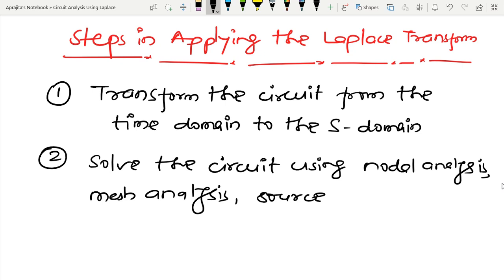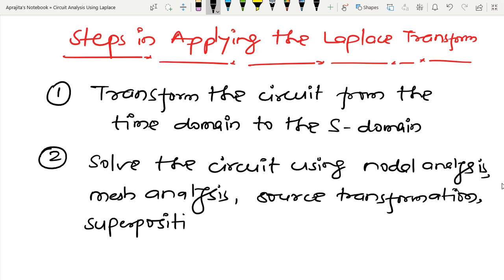So I can transform current source into voltage and vice versa. Since these circuits are linear, meaning whenever we have capacitor, inductor, and resistor, the superposition theorem also works.